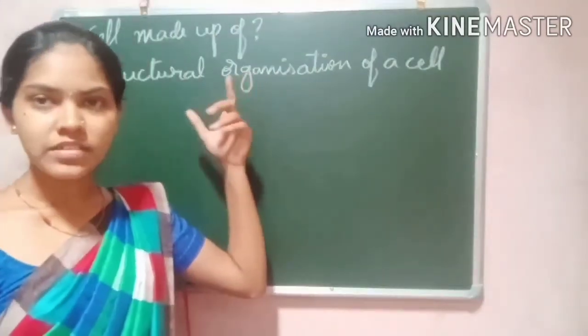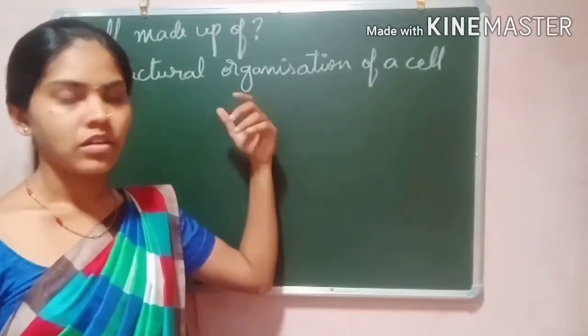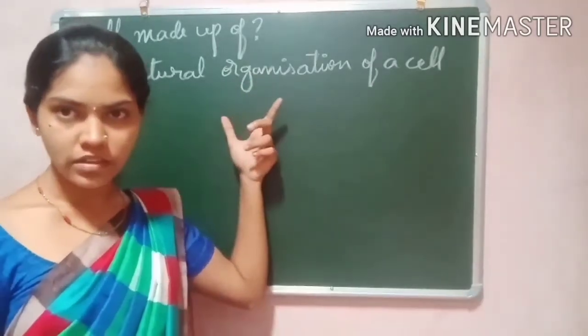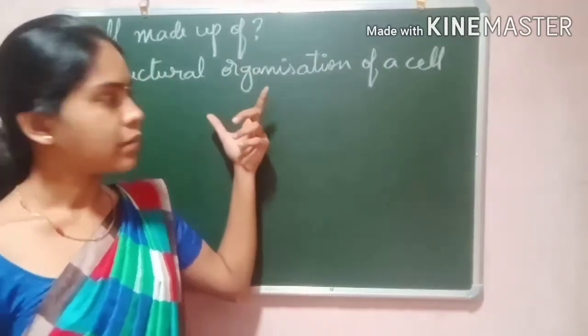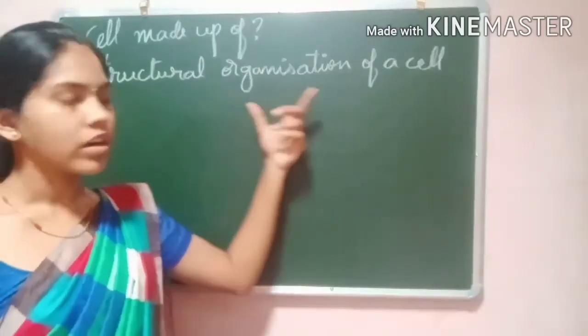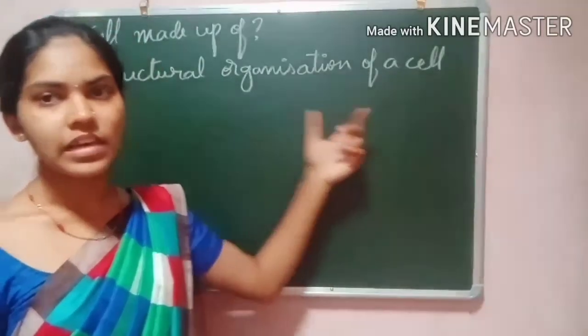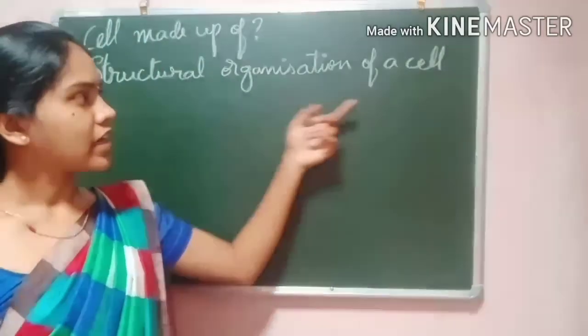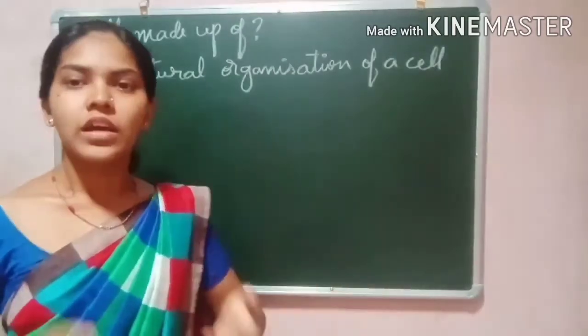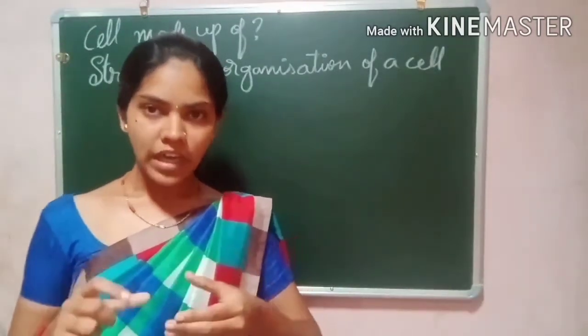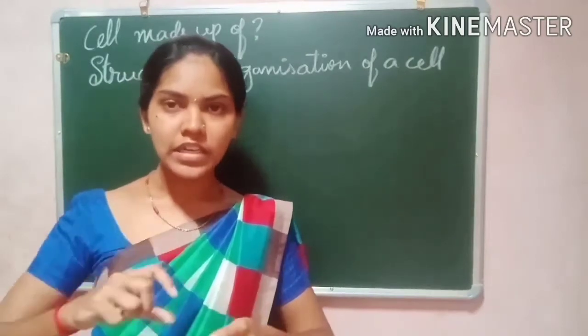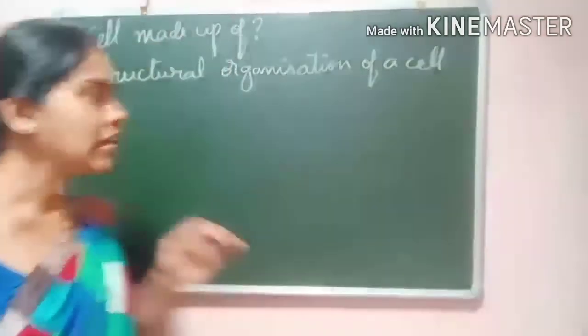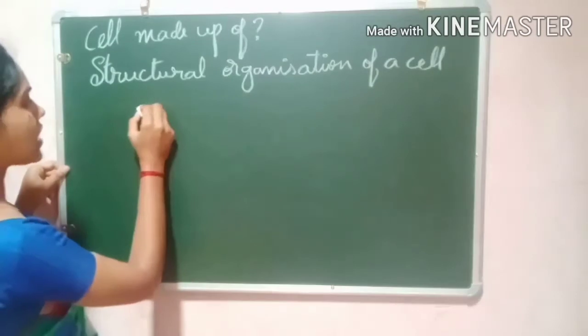Okay, now let us discuss what the cell is made up of. What is present in the cell, how is it made up? What is the structural organization of the cell? If you take one cell and see it under the microscope, you can see these three things. Which are they?